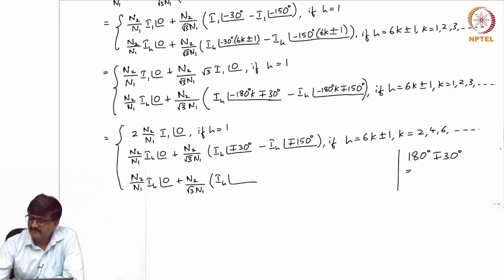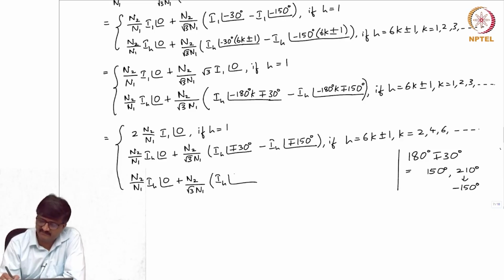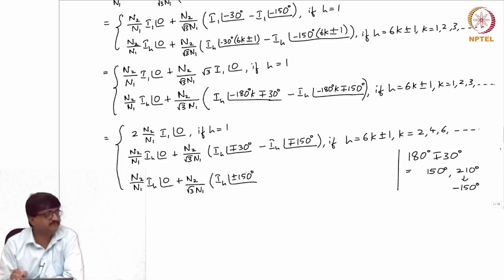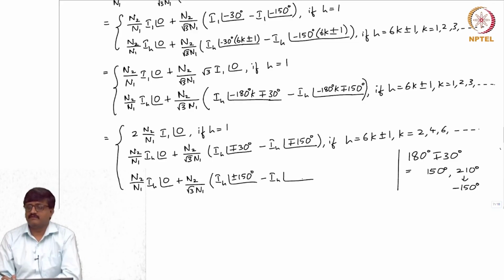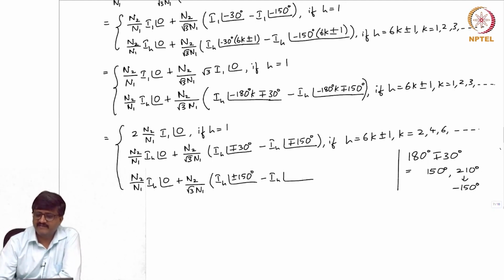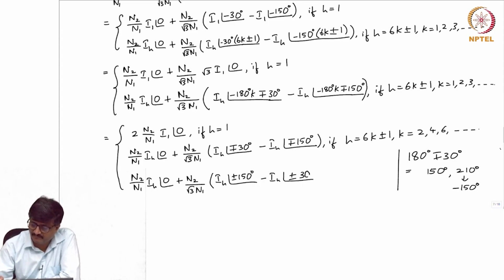So, 180 minus 30 is 150. 180 plus 30 is 210. This 210 is nothing but minus 150. So, can I say that it is plus minus 150? Minus IH. Similarly, k is odd. So, 180 minus plus 150 is plus minus 30. So, I will erase these steps.